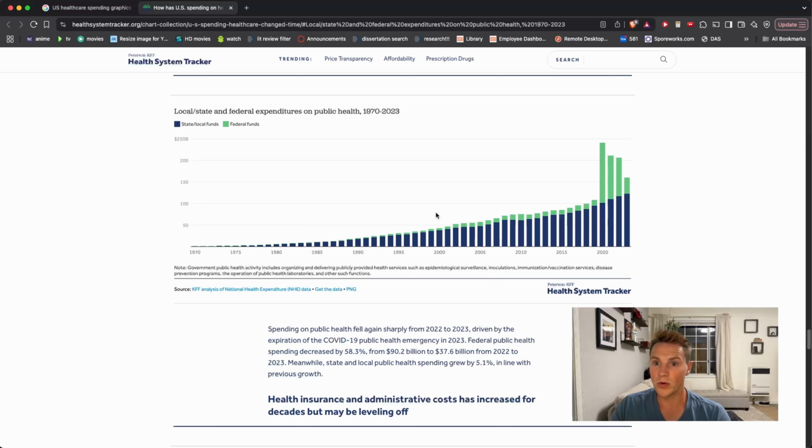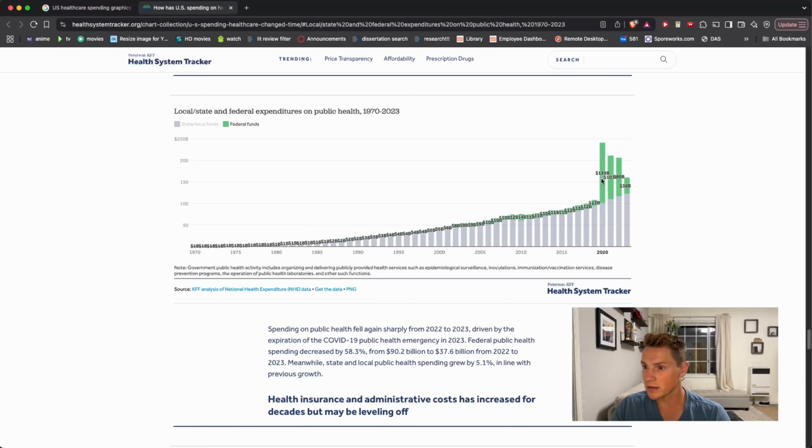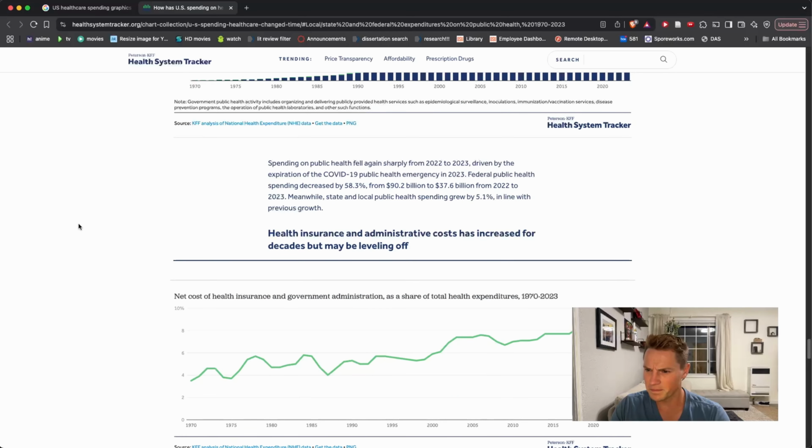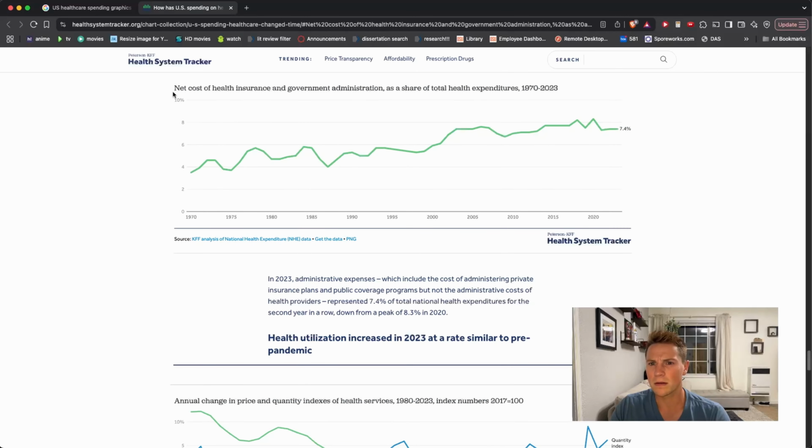So what we would expect to see here is significant increases in federal funding during the emergency of COVID. And this is showing us in billions. Oh, this is a pretty bad chart. It's hard to read. Net cost of health insurance and government administration as a share of total health expenditures.